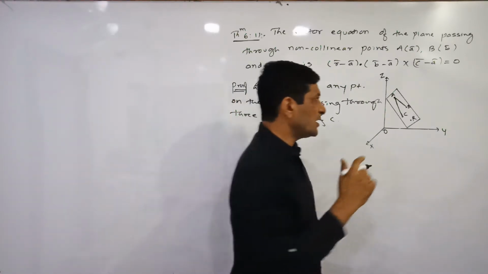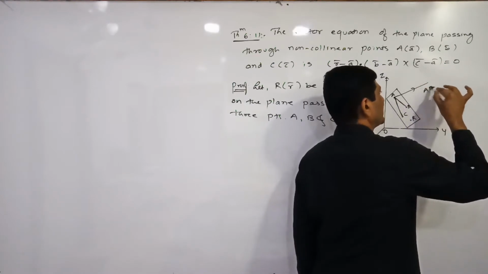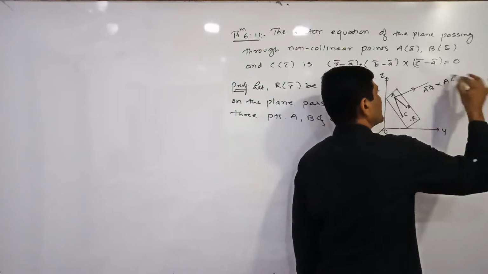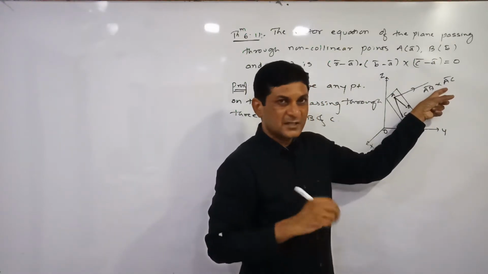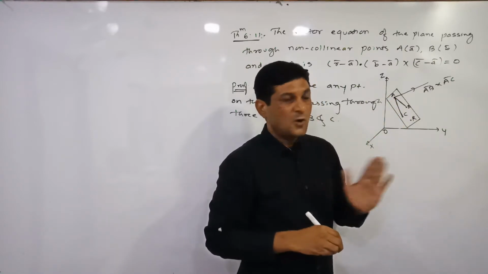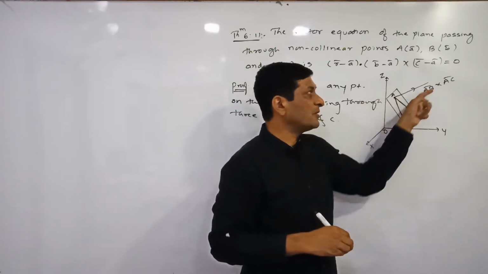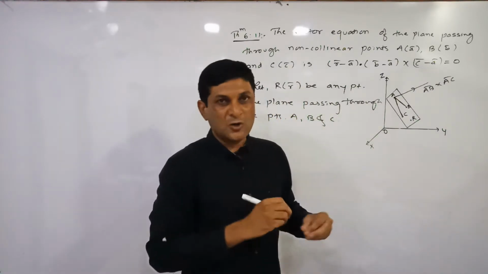If we take the cross product of AB bar and AC bar, we will get a new vector. Which new vector? AB bar cross AC bar. This AB bar cross AC bar is a vector which is perpendicular to AB bar and also AC bar, or we can say that it is a vector perpendicular to the plane of AB bar and AC bar, according to the definition of cross product.